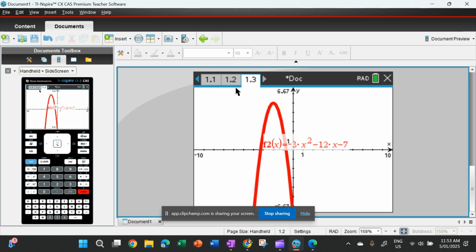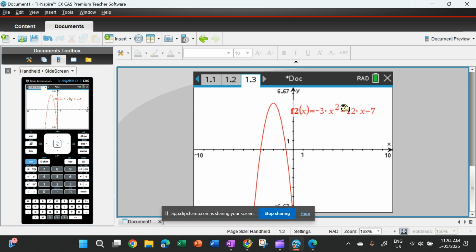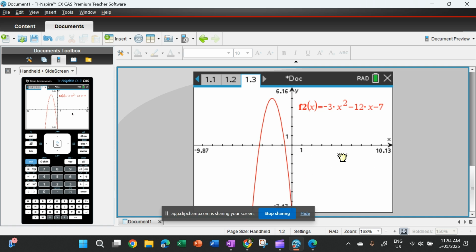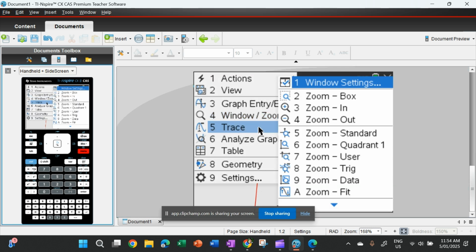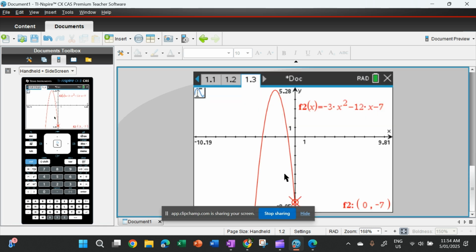You get a question like this, and this is your answer. What they're asking is, what are your intercepts? Let's trace the graph. 0, -7 is your y-intercept.